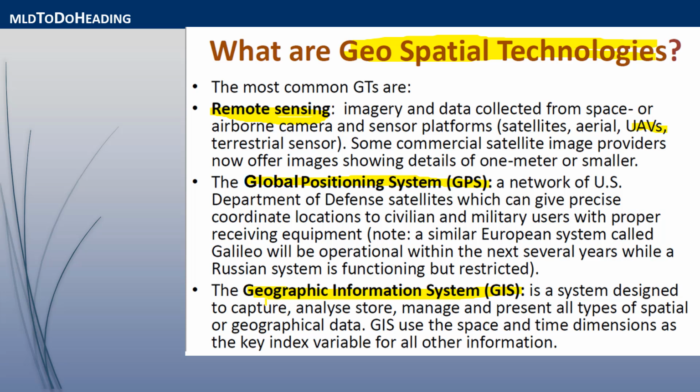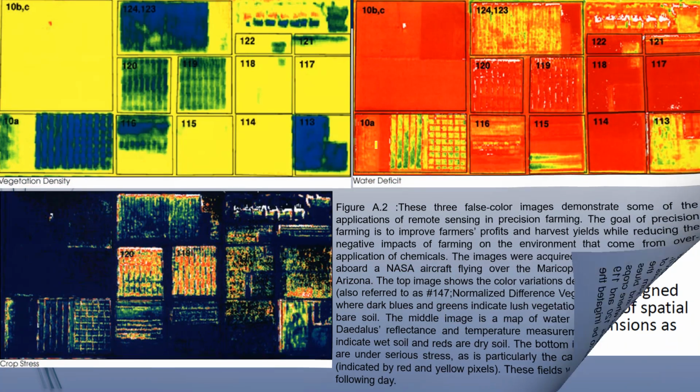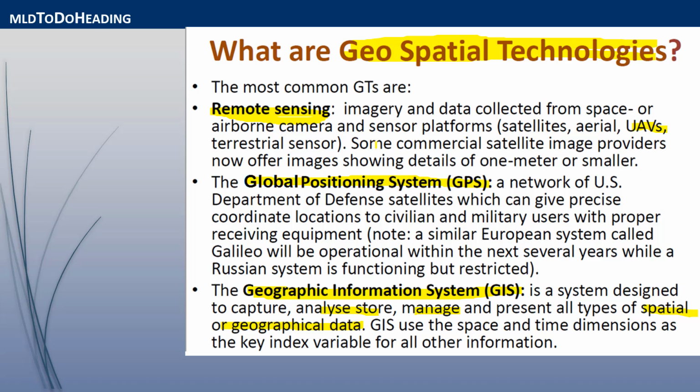And GIS, Geographic Information System, is a software system which analyzes, stores and manages all kinds of spatial or geographical data. Basically these are the software that process those images. These images were generated using GIS software from the remote sensing images collected by the drones. So GIS is the technology, basically the software, which processes spatial and geographical data.